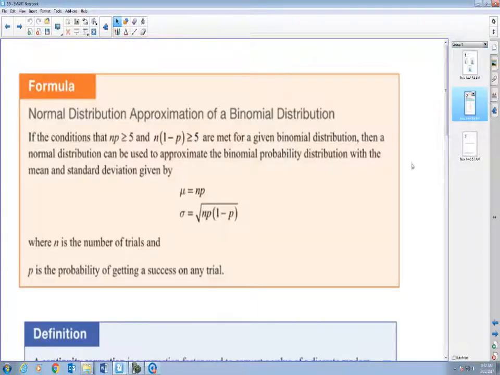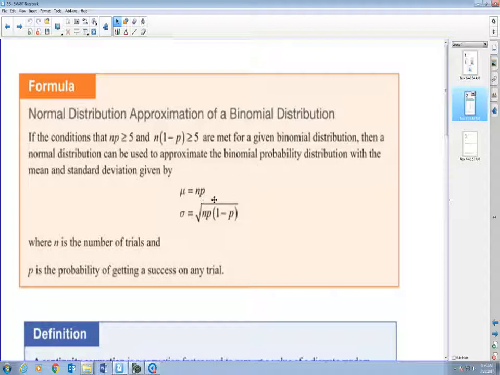All right, so here is a quick formula. You probably remember this. If the condition that n times p, as you can recall, n means number of trials, p means probability of success, and n times q is also greater than or equal to 5, then a normal distribution can be used to approximate a binomial.